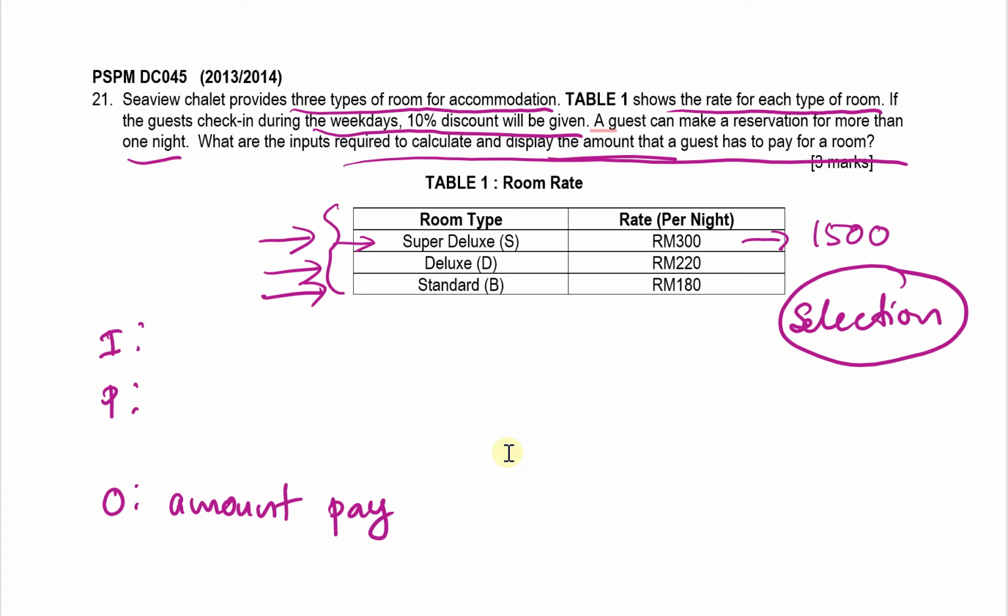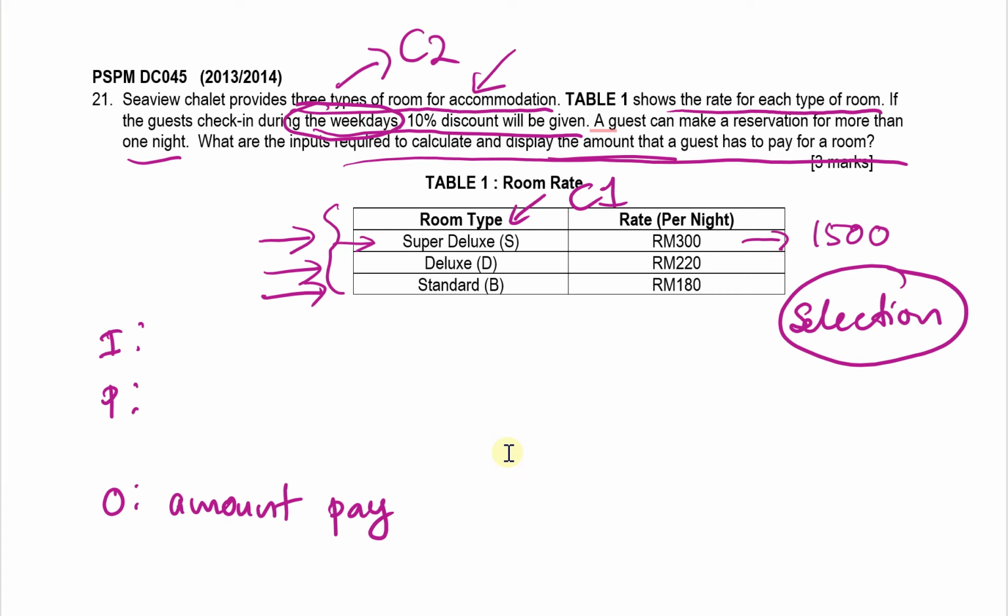Right. And then another condition here is, if you check in during weekdays, then a 10% discount will be given. So you have two conditions here. First is room type, condition 1, and second is condition 2. So you have to choose your room type first, then only you have to enter whether the day type is weekday or weekend, to get the 10% discount.